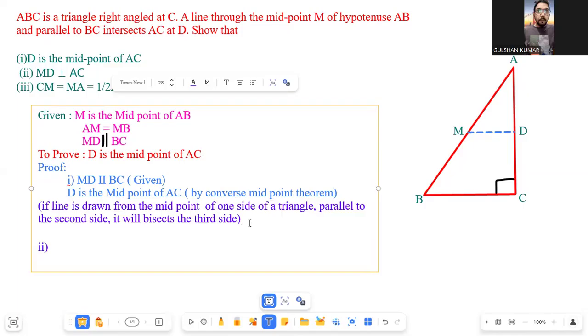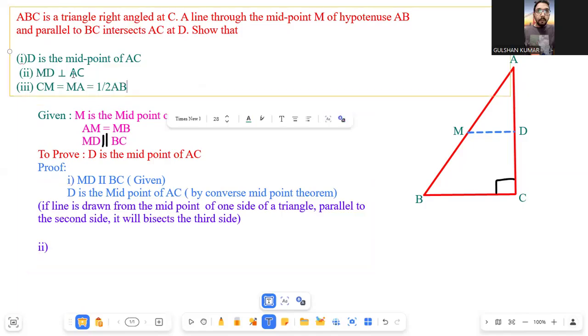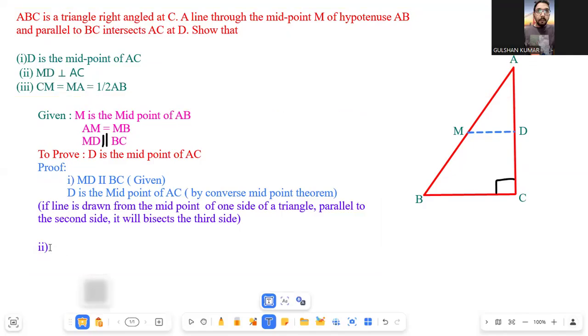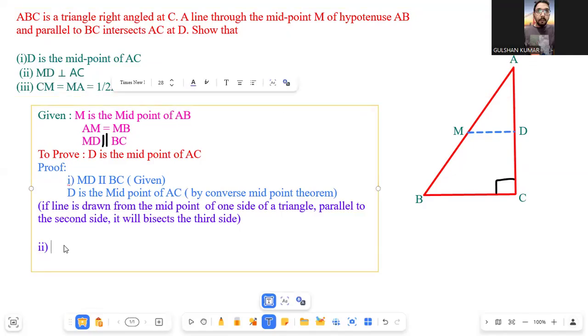What is the second one? MD is perpendicular to AC. This we have to prove here.